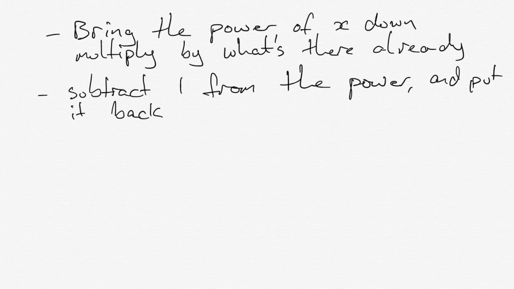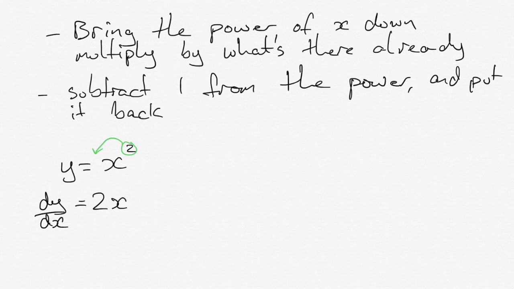It's pretty simple. Let's do it with some simple cases, the ones I've already done, like y is equal to x squared. We're going to bring down the power. So the power in this case is 2. I'm going to bring that down and multiply it by whatever's there. Well, at the moment there's a 1 there as the coefficient of x squared. We know that every time we see x squared, there's really a 1x squared there. So I'm going to multiply that 1 by 2, and when I'm finding the derivative, I get 2 times x, and I have to subtract 1 from the power, which means 2 take 1 is 1, and I put it back, and that's the same as 2x.